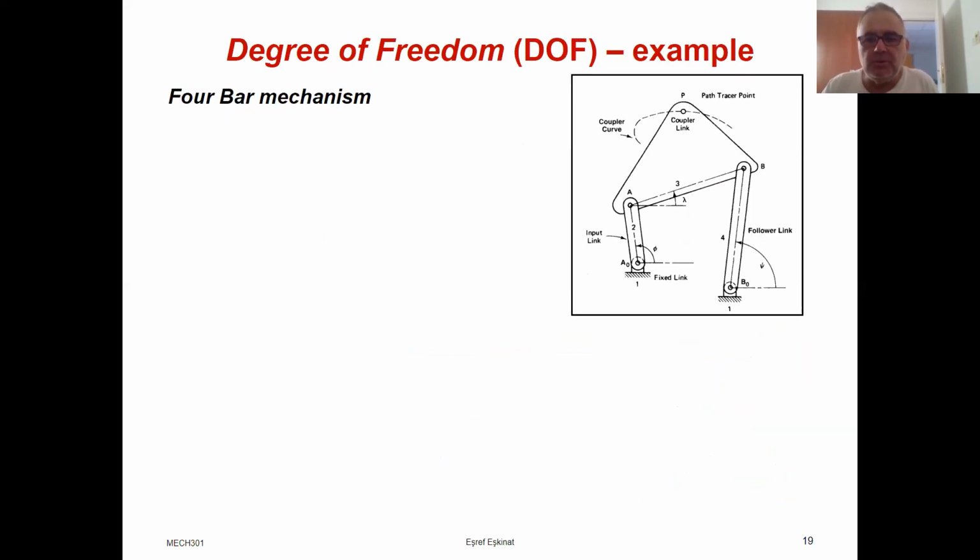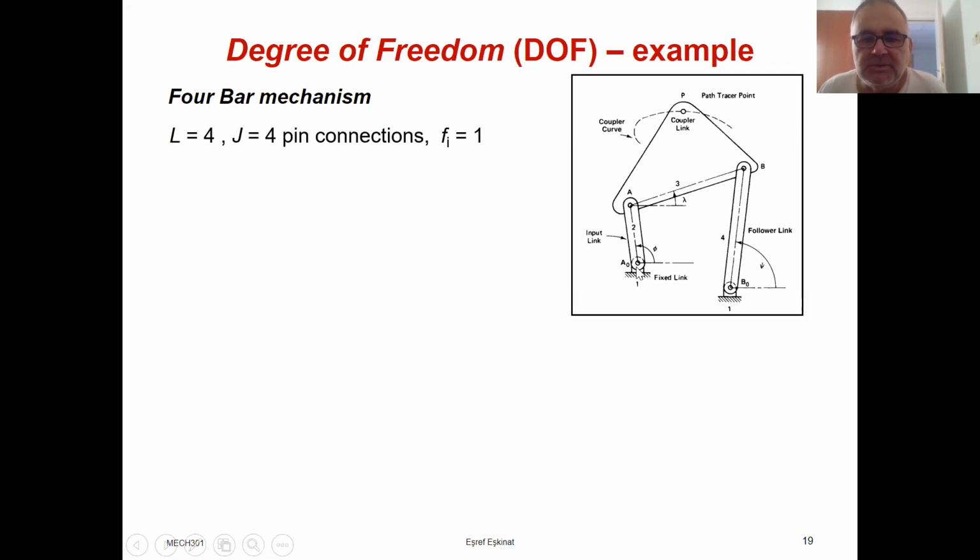Okay, now to your question. Let's say that we have a 4 bar mechanism, as you see. The 4 bar mechanism has a fixed link, which is the ground 1. The input link is 2. The coupler link is 3, and the follower link is 4. The number of links is 4: 1, 2, 3, 4. 1 includes ground also. L equals 4.